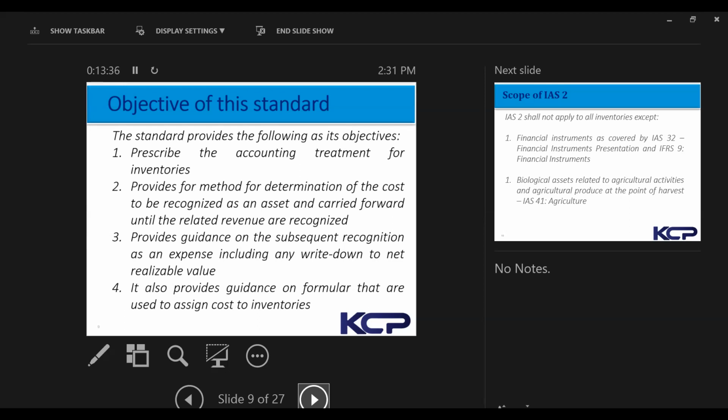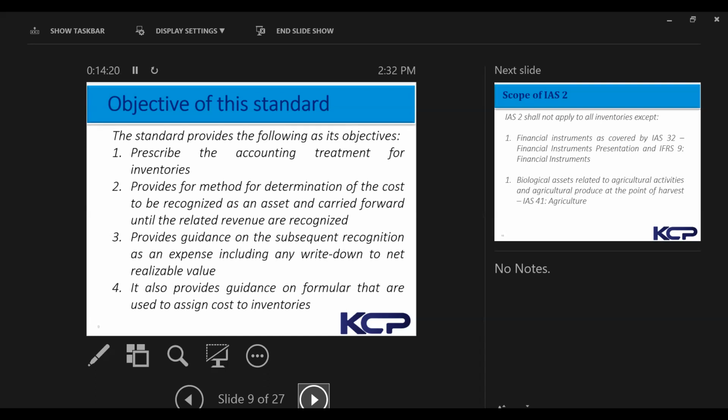Then two, it provides a method for determination of the cost to be recognized as an asset and carried forward until the related revenue is recognized. You remember I said something about the minor amendments made by IFRS 15 on IAS 2. When the goods that qualify as inventory have not been sold, you will continue to perpetually recognize every related cost that puts it in its disposable form as inventory, right?